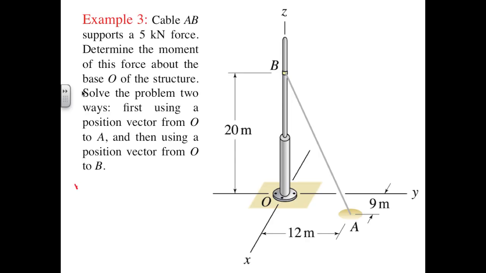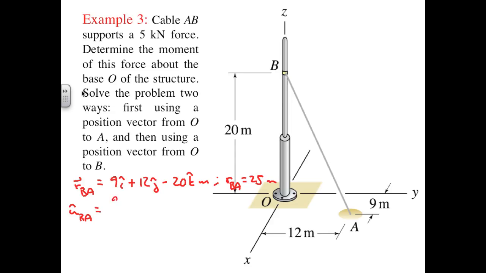From the figure, RBA is equal to 9I plus 12J minus 20K meters, and the magnitude of that relative position vector turns out to be 25 meters. So the unit vector from B to A would be that position vector divided by its own magnitude.